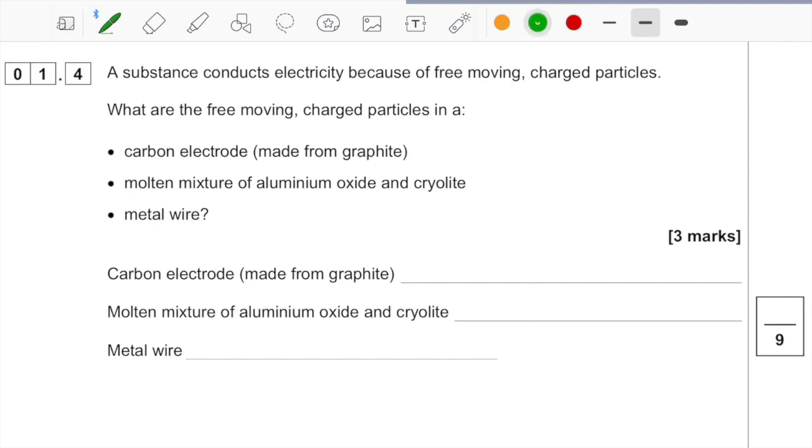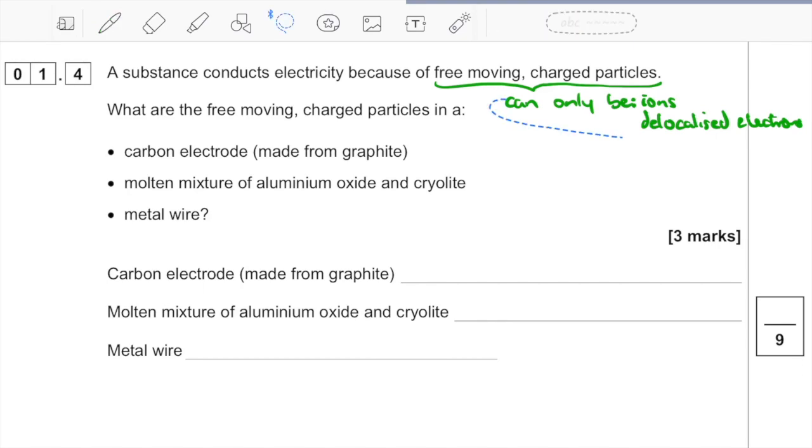Now, in chemistry, these free-moving charged particles can only be ions, and of course they've got to be free to move, or electrons, specifically delocalized electrons. These are the only things in chemistry that are mobile charges. So whenever you're thinking about something conducting electricity or not in a chemistry question, you're going to refer to one or the other.